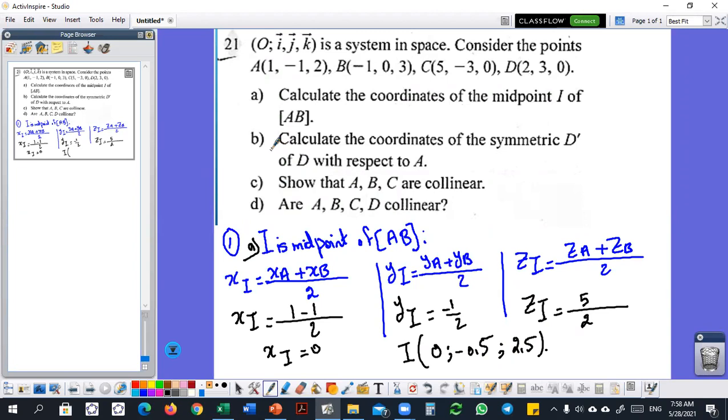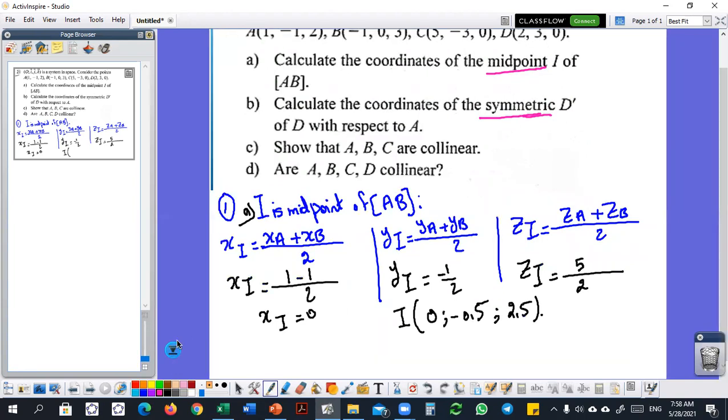B, calculate the coordinates of the symmetric D prime of D with respect to the point A. You will write the rule of the midpoint, but what is the difference when you mention symmetric? When you mention symmetric, it means that you have the midpoint. You should find the other point on the other side. Do you understand what I mean?